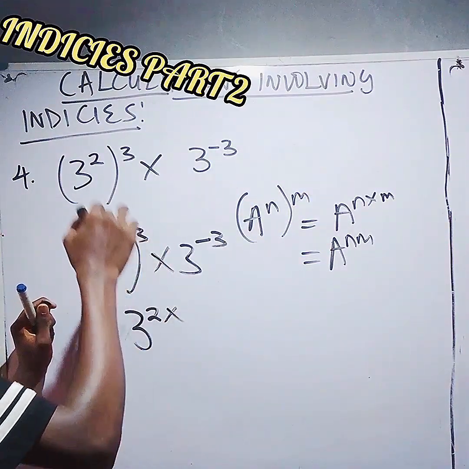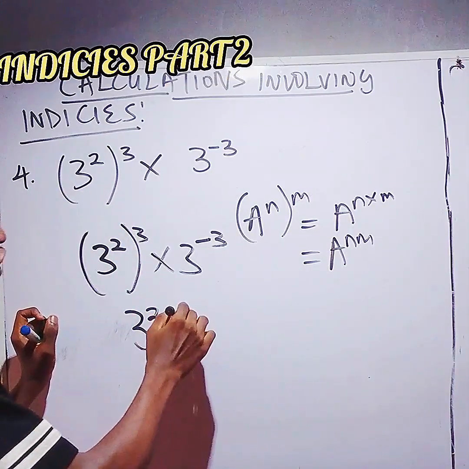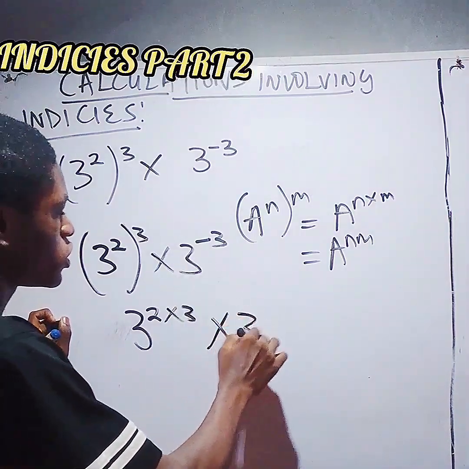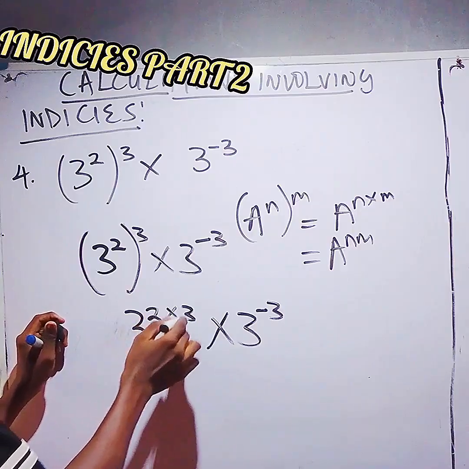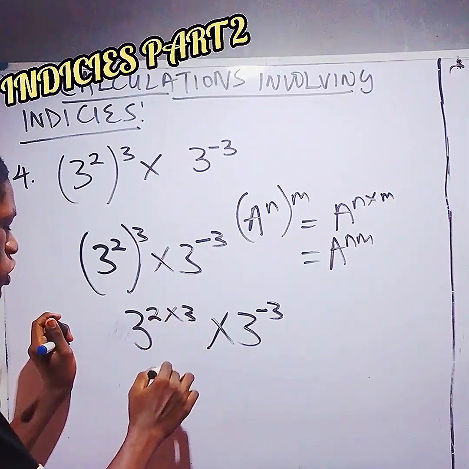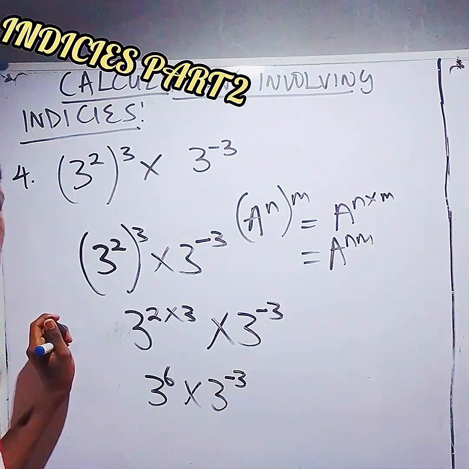So 3 will multiply 2, the power of 3 inside the bracket, which is the base. So 3 times 2 is 6, times 3 raised to the power of minus 3.